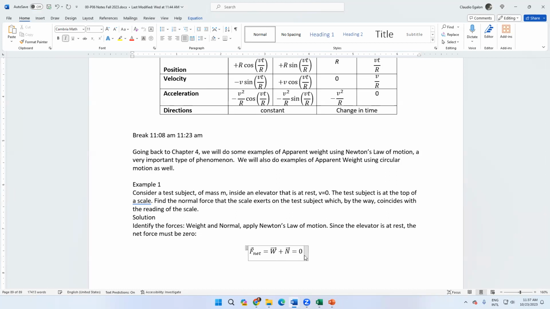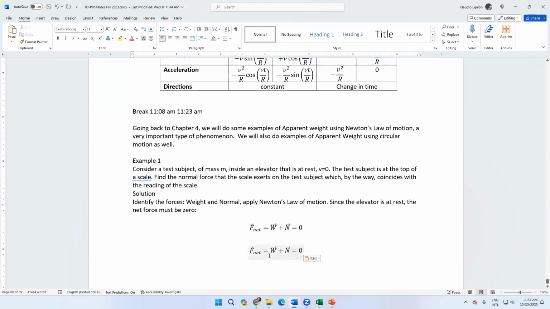And since the elevator is at rest, the net force must be equal to 0. I want to find the normal. I know what the weight is because we have the mass of the test subject, right? The weight can be written as the mass of the individual times the acceleration of gravity. That weight plus the normal must be equal to 0, and the normal must be equal to minus mg.